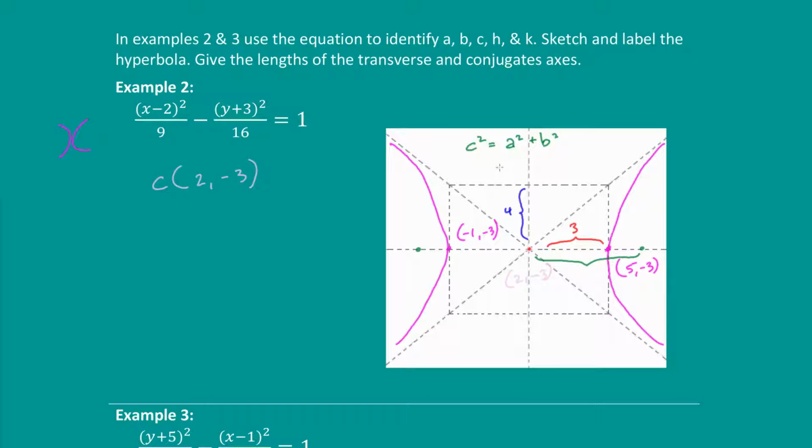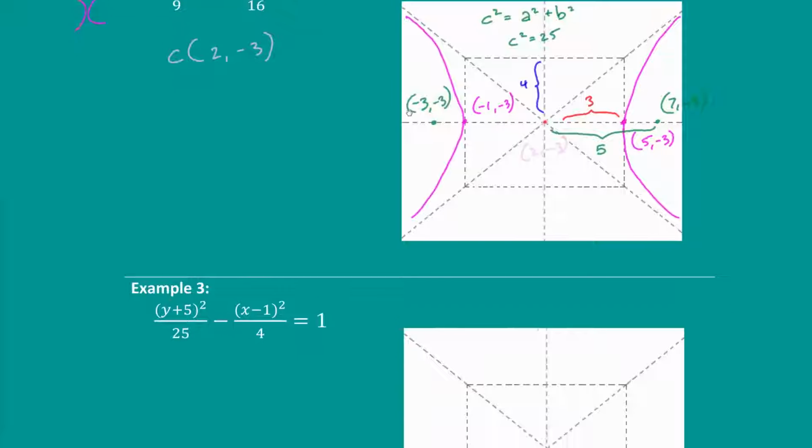C squared equals 25, so our C is going to be a value of 5. So 5 from the center means that our foci should be 2 plus 5, which would be 7, -3, and 2 minus 5, which is -3, -3. That's how we identify all of the points that we're looking for, all of the information that they're requesting of us.